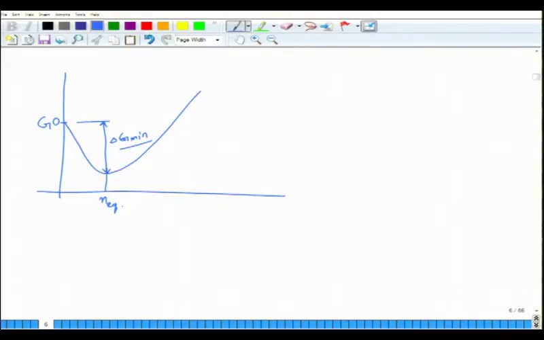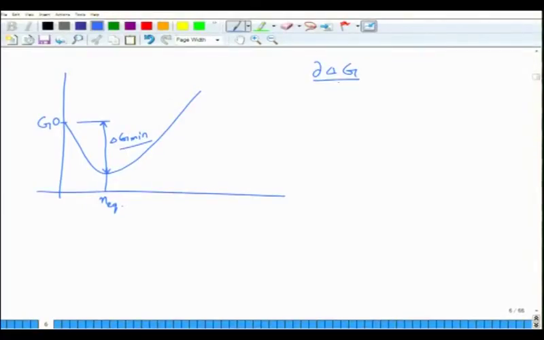So, when you introduce vacancies, and if vacancies are indeed stable defects, that means delta G should show a minimum at a certain concentration, which means del delta G by del n is 0 at n equal to n equilibrium.